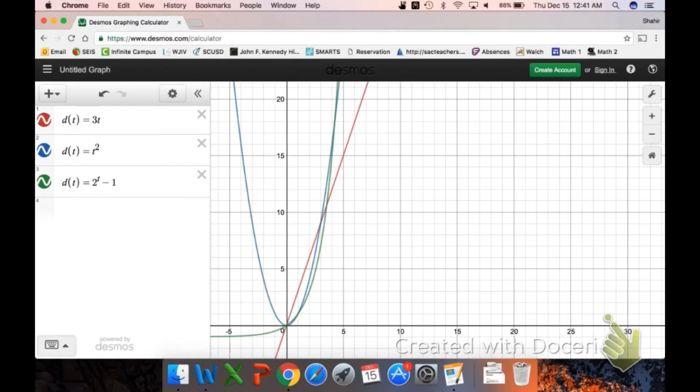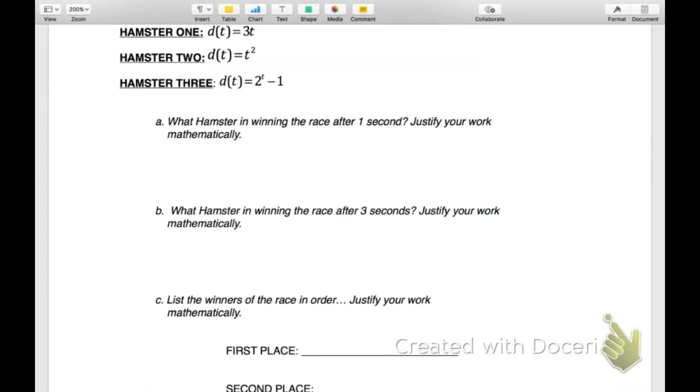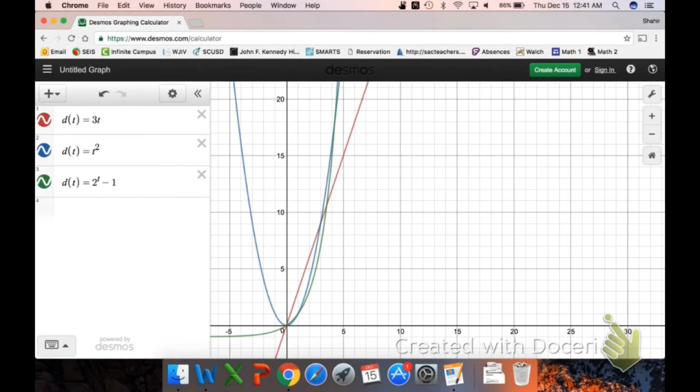Okay, so now going to question 8. So what hamster is winning the race after 1 second? So now remember that the x-axis stands for seconds. So we go to decimals, so we're looking at hamster 1, and we want to see where x equals 1.